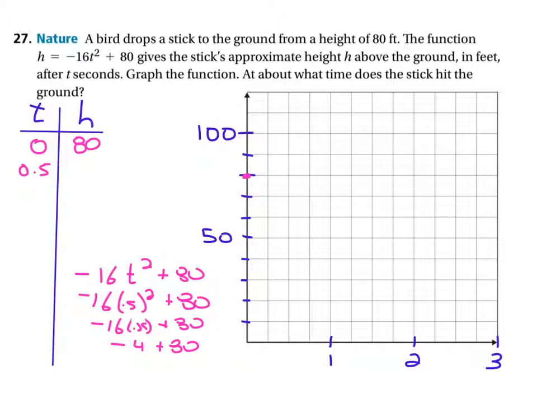And negative 4 plus 80 is 76. So that's 76. And if we plotted that, we'd say half a second in. If this whole distance is 4 boxes a second, then half a second gets you right to there. And then how high up is it? Well, 0.5 goes up to right around there.